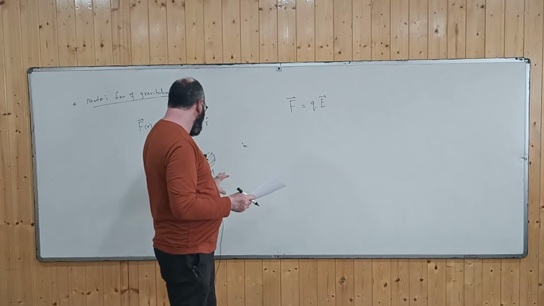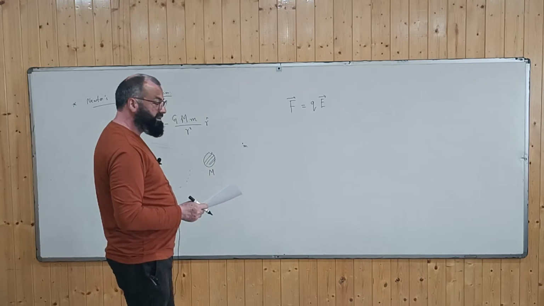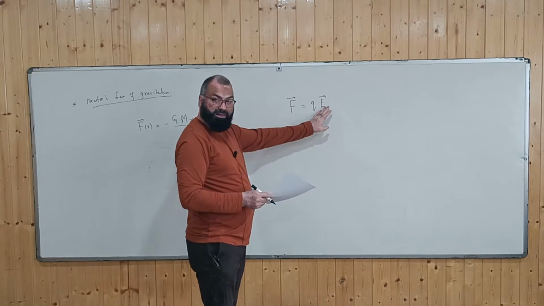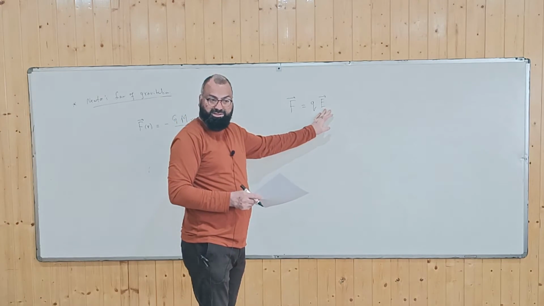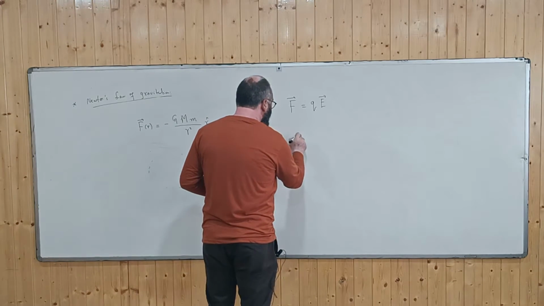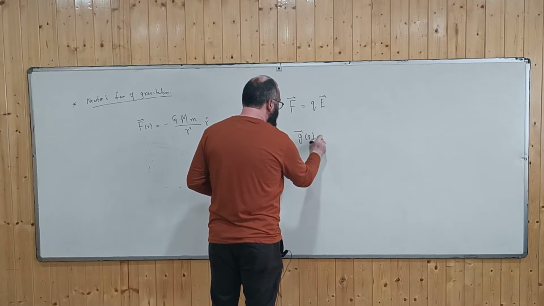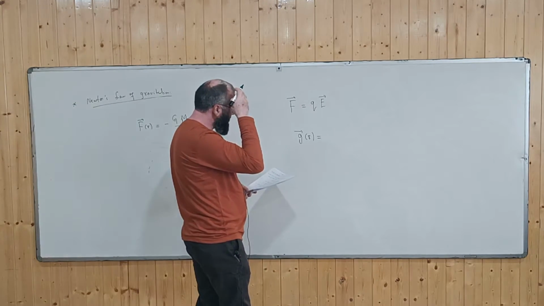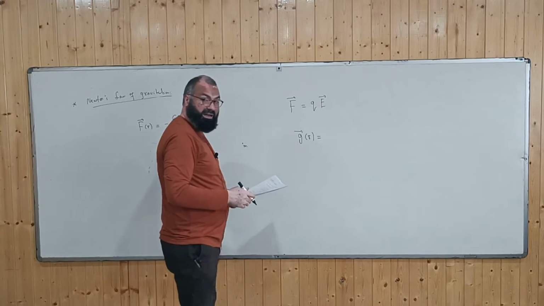In the same manner, we can redefine this force equation by defining a field due to gravity, the gravitational field, which you usually call the acceleration due to gravity. I will not call it acceleration due to gravity, I will simply call it the gravitational field.